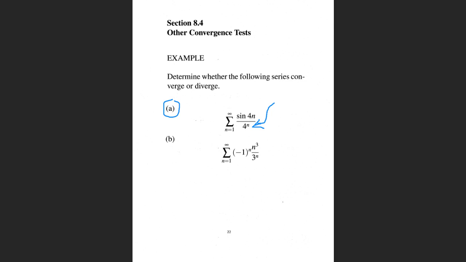So what we're going to do here is we want to involve a geometric series, but we have this series, the sine of 4n divided by 4 to the nth power. What if we were to look at the absolute value of the terms?